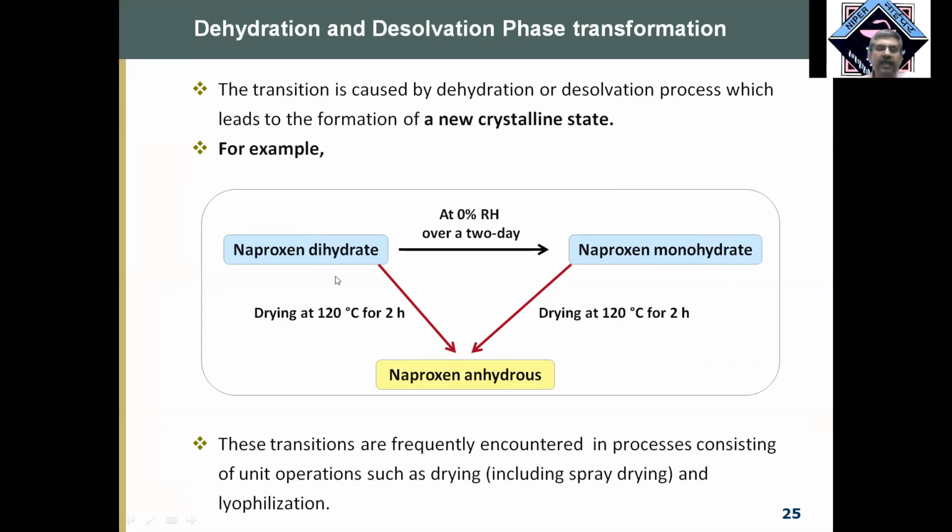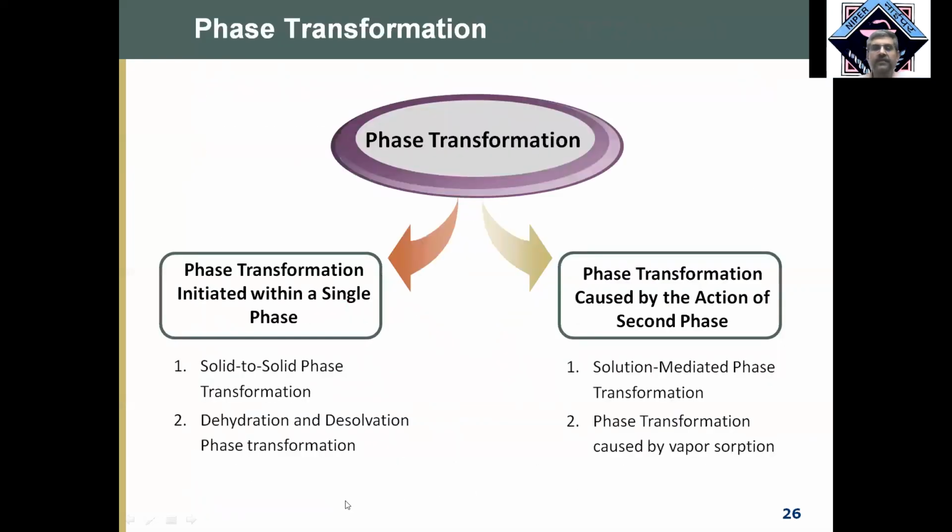Similarly, naproxen dihydrate, if we directly heat at 120 degrees Celsius for 2 hours, is also converted into naproxen anhydrous. These transitions are frequently encountered in processing consisting of unit processes such as drying, including spray drying, and during lyophilization.